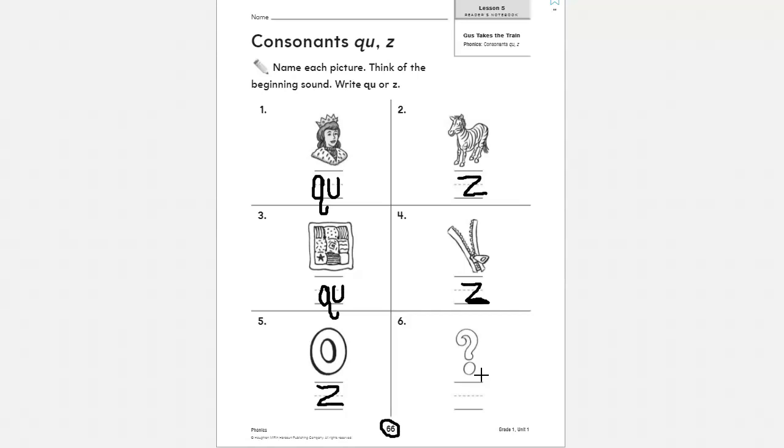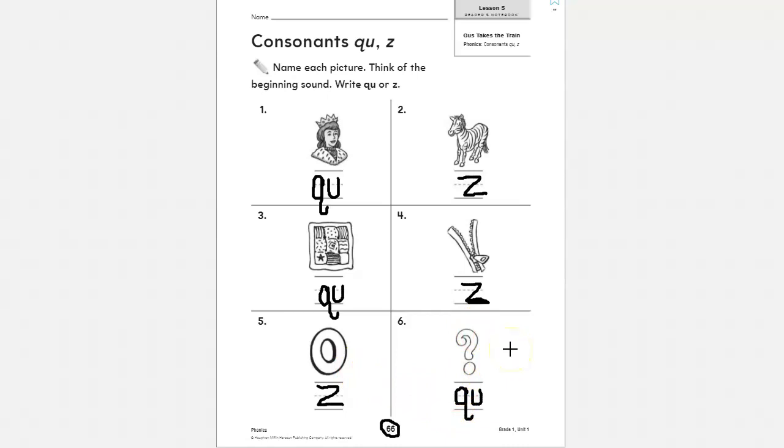Question mark begins with the qu sound, so we should have put our qu sound, Q, U. So we have qu, queen, zebra, quilt, zipper, zero, and question mark.